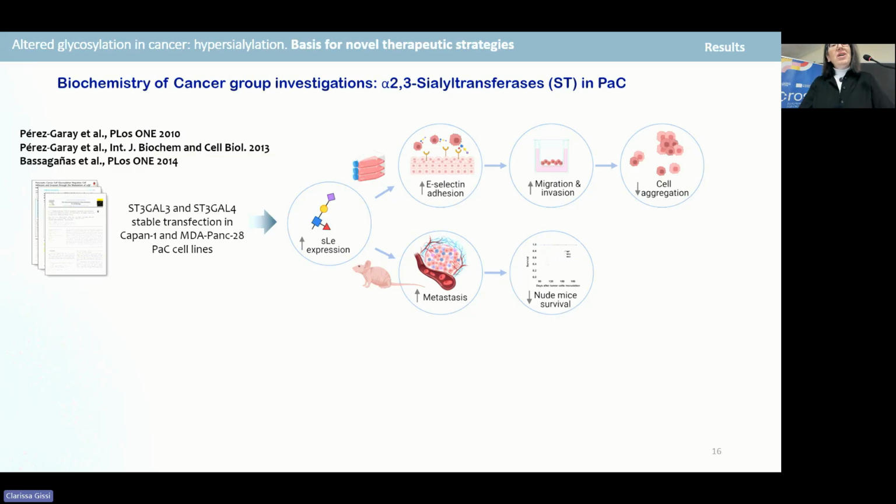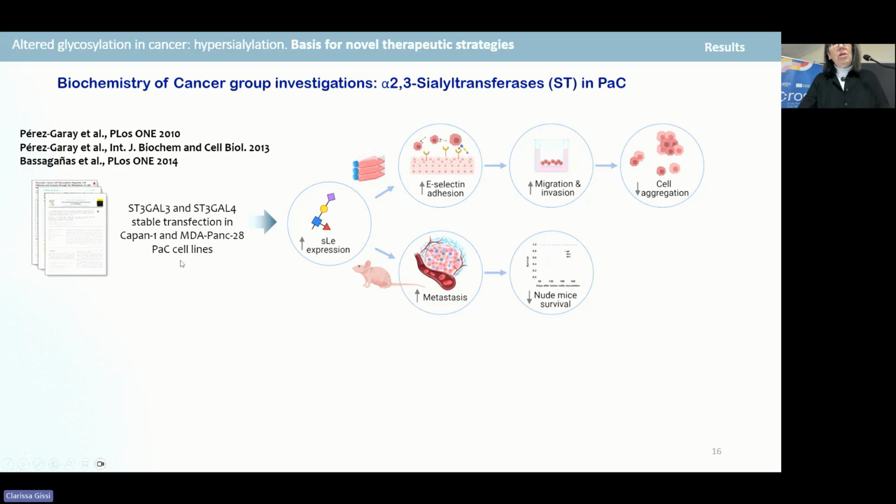Okay, our first work was focused to understand the role of some of the alpha-2 sialyltransferases in pancreatic cancer, in particular focusing on the sialyltransferases that we think were important for sialyl-Lewis X and sialyl-Lewis A expression. And for that, we performed a stable transfection of these two genes in some pancreatic cancer cell lines.